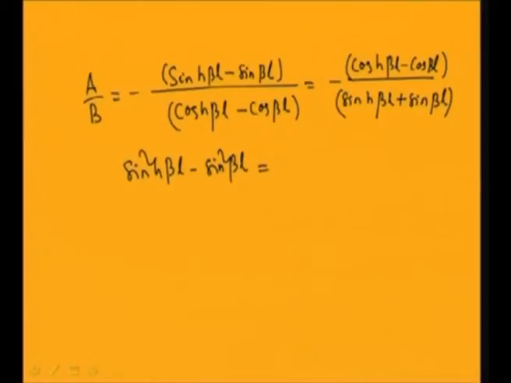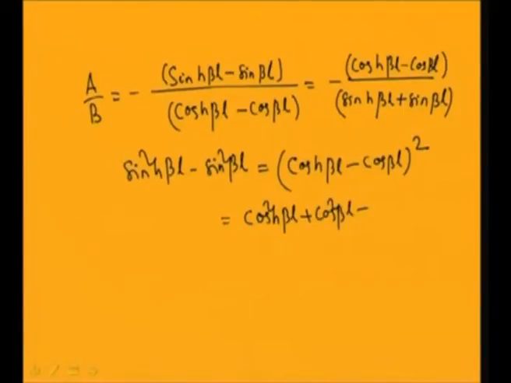This equals cos hyperbolic beta l minus cos beta l whole square, or cos square hyperbolic beta l plus cos square beta l minus 2 cos hyperbolic beta l into cos beta l.